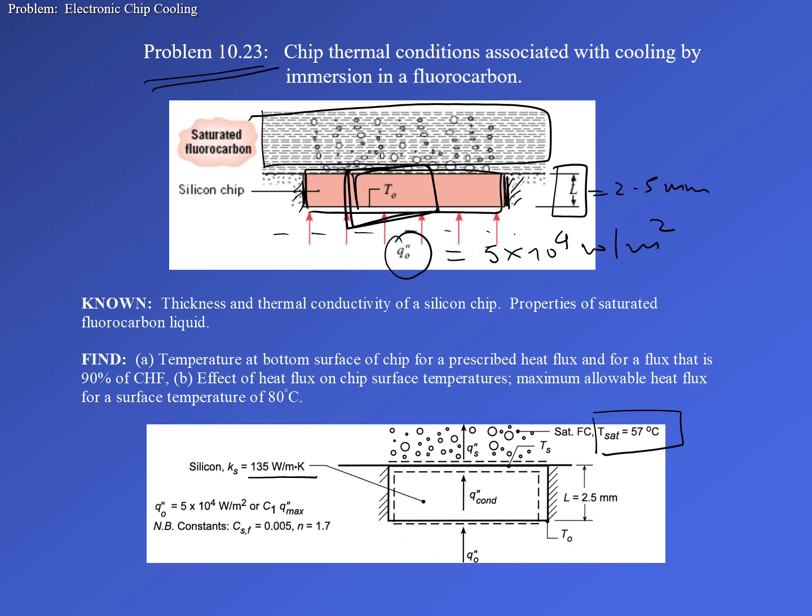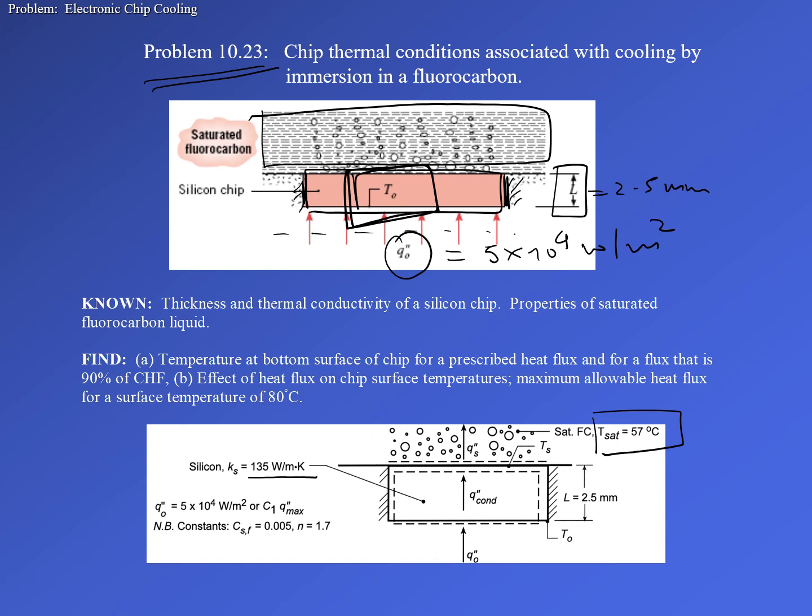That's the first part, and the second part is during testing of the chip. Typically what is done is we try to run our semiconductor or the computer at a very large performance value, which is a very large heat being generated. So for testing of the chip, we have q naught double prime equal to 90% of the critical heat flux.